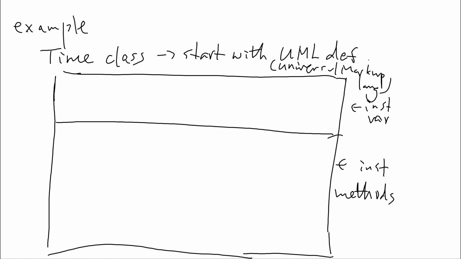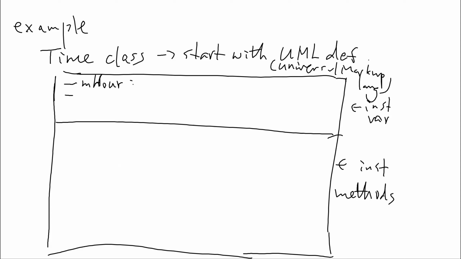Whenever you represent time, what do we care about? We care about the hour, the minute, and whether it's morning, AM or PM. So for the time class, we need a field for hour. Suppose I call it mHour.